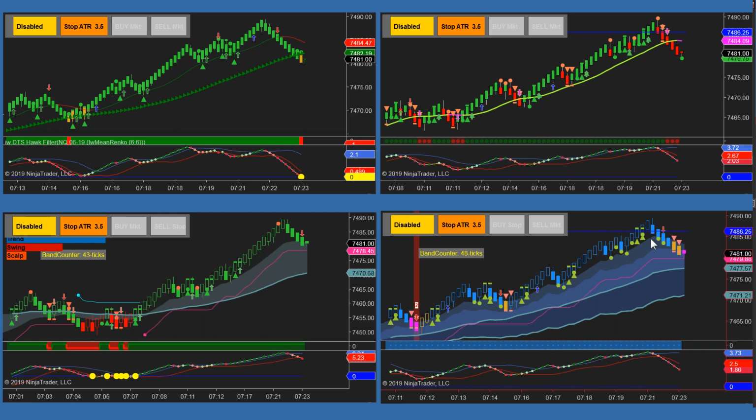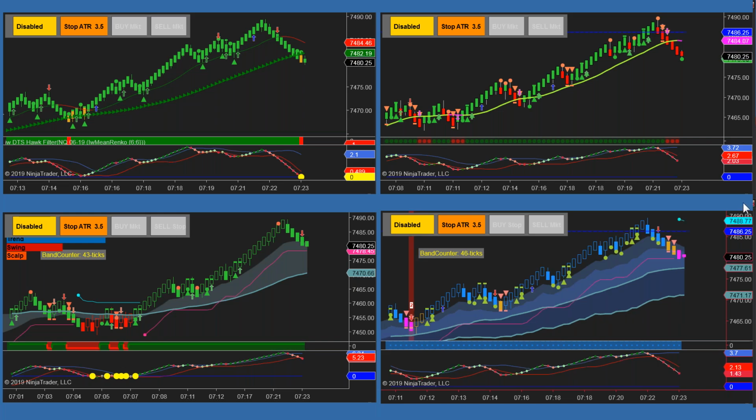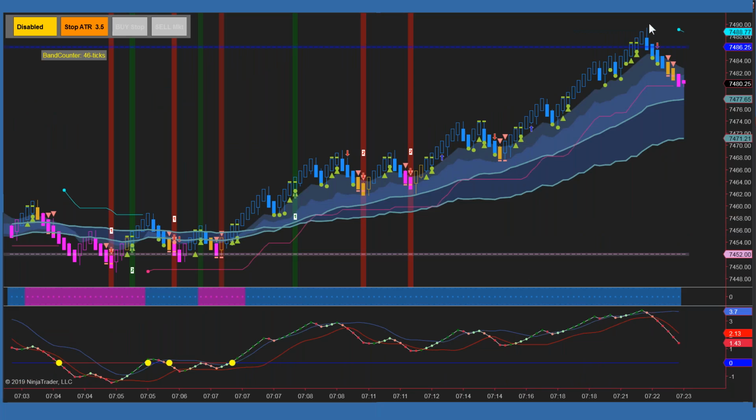Okay, another little bit of a retracement. So once again, we have this leg of the move. It looks like we've got a little bit of a retracement.